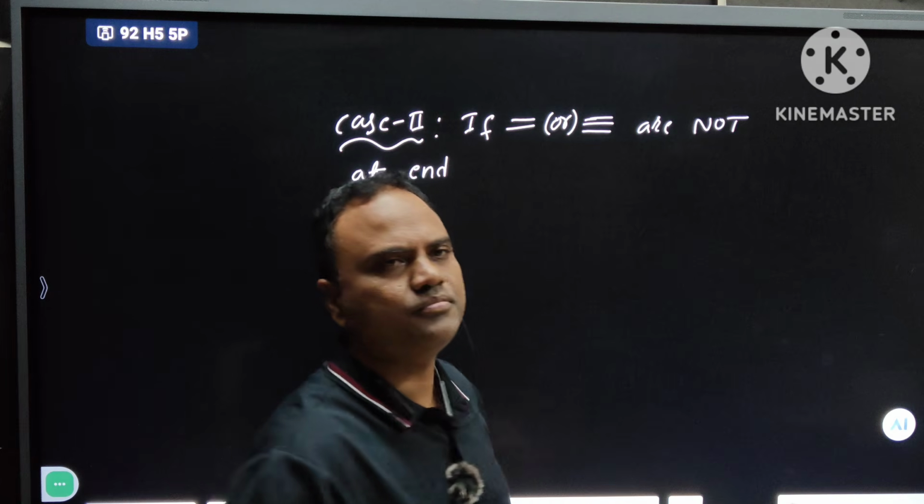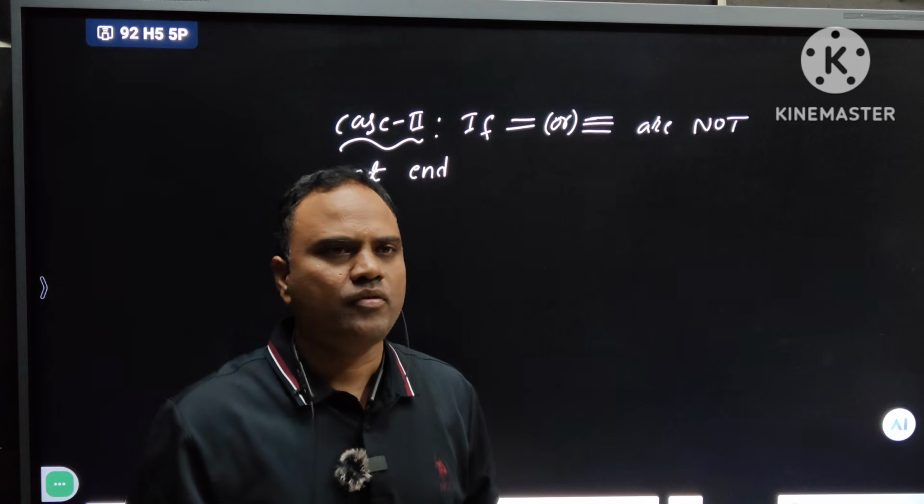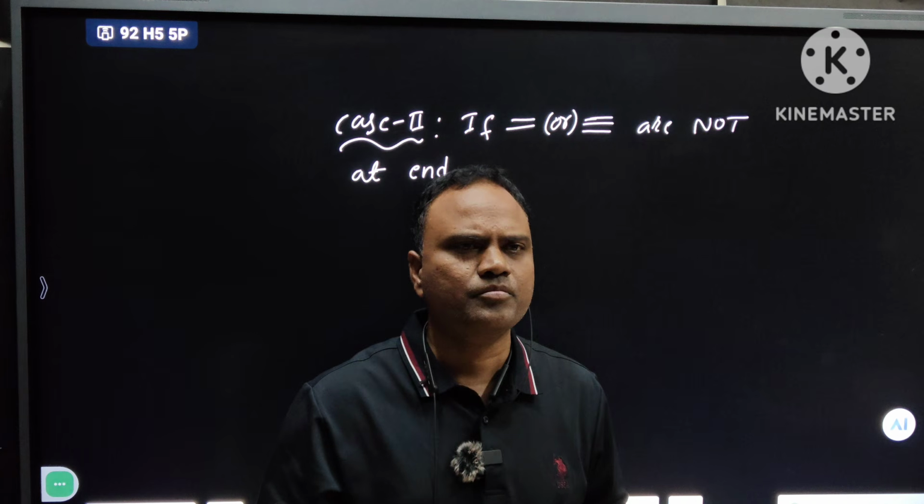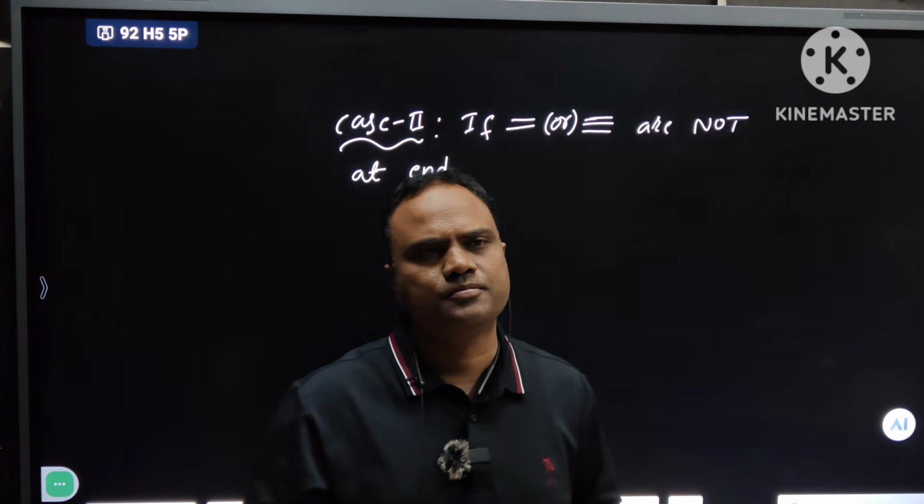End means corner, terminal. Vice versa. Only one bond is present at the end, the other one is not.